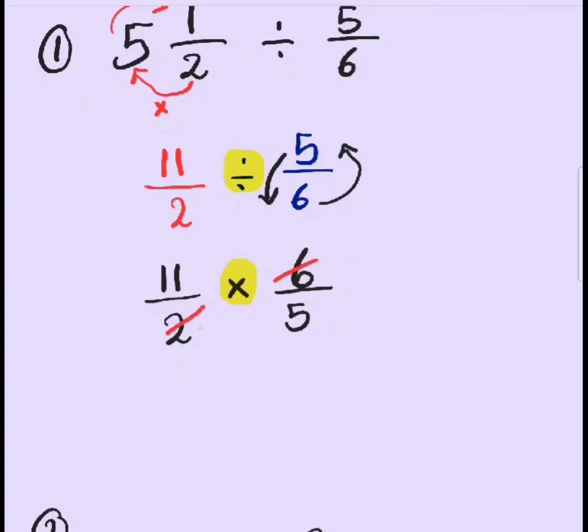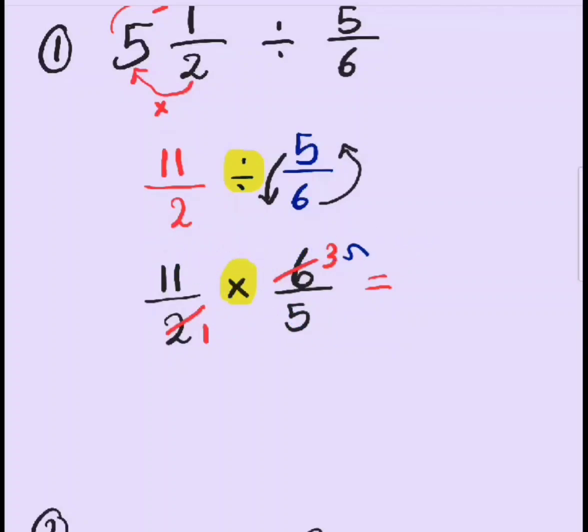So we can divide each by 2 here. 2 divided by 2 is 1. 6 divided by 2 is 3. So again, that cancellation helps simplify the problem before we multiply straight across. Gives us easier numbers to work with. Now the 11 and 5, they only have a common factor of 1, so we can't use cancellation there.